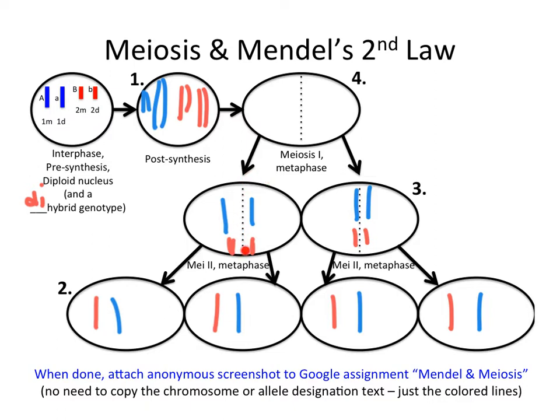Everything that's on one side of the dotted line becomes the daughter cell. The point of this exercise is worrying about how the chromosomes line up. What's it going to look like in step 4, right before the first division?